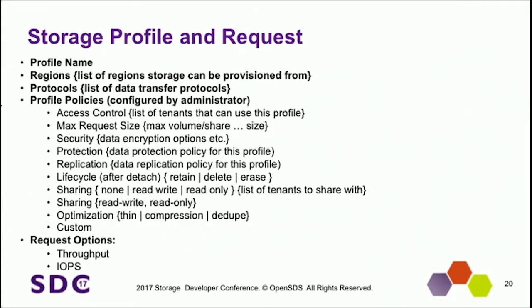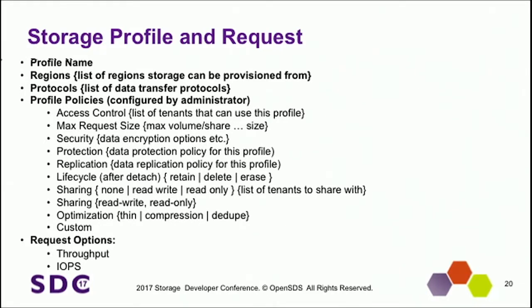And then, of course, sharing and the optimization, which is basically whether you want to create thin volumes or compressed volumes. I'll give you one example. This is from a healthcare company.